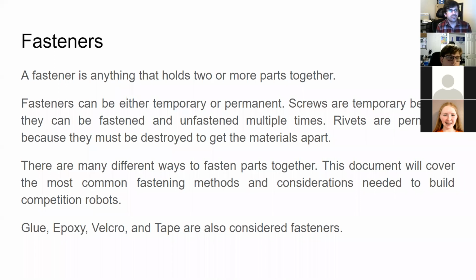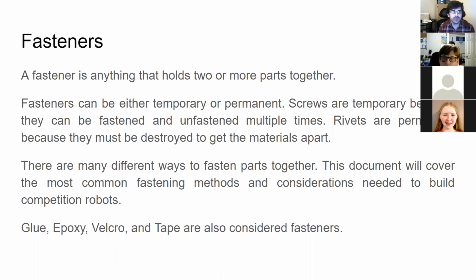So moving on to fasteners. Fasteners are anything that holds parts together. A fastener could be temporary or it could be permanent. A screw is considered temporary because you can unscrew it after you screw it in. But something like a rivet, which we'll talk about if you don't know what that is, is more permanent.